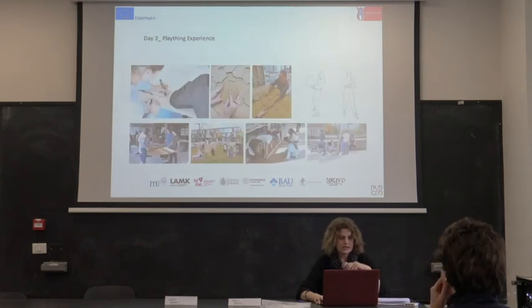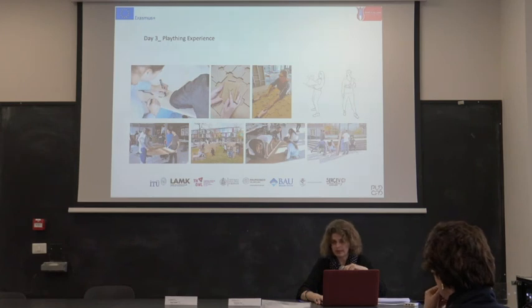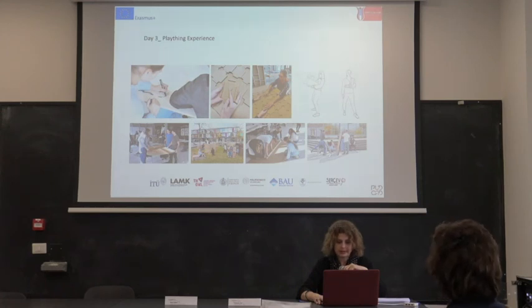The third day was called Playing Experience. In this step, teams started to build one-to-one prototypes. They were able to use cardboard for the main construction. It was important to think of how the different parts should be connected in these one-to-one prototypes.